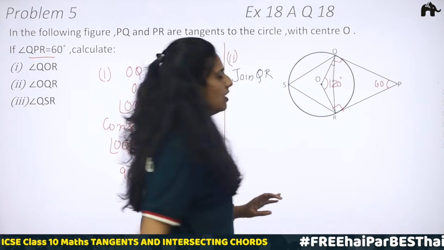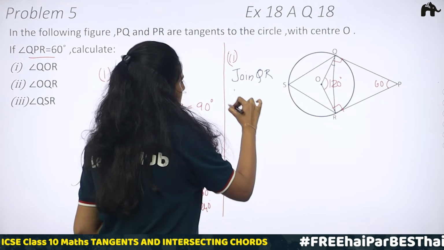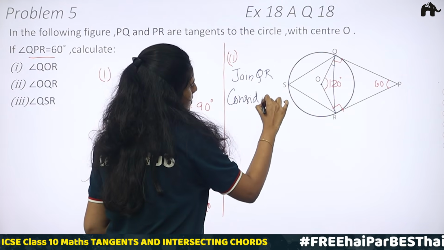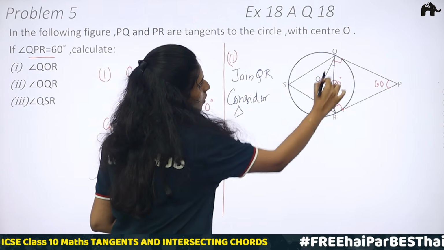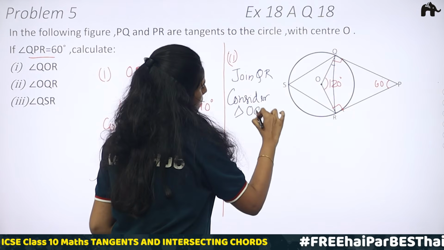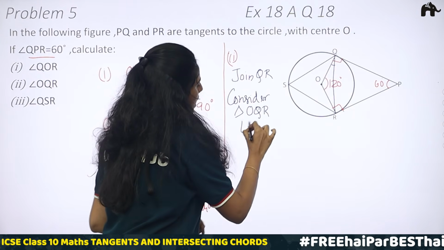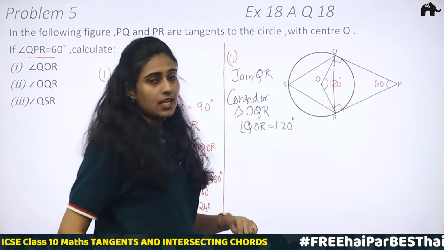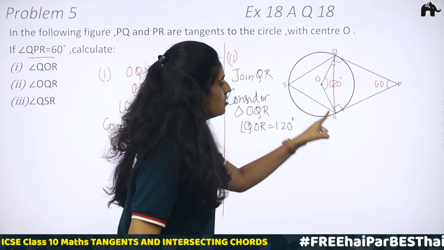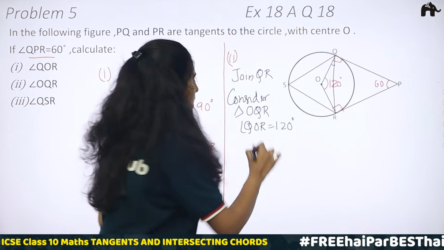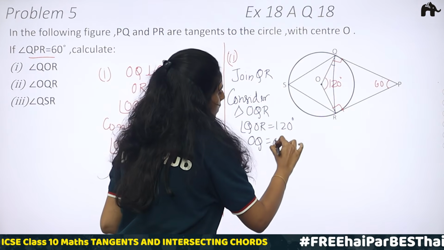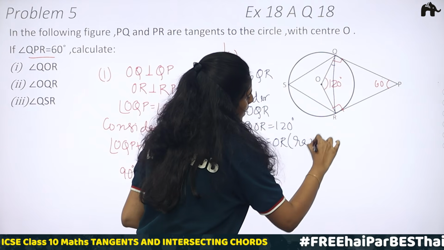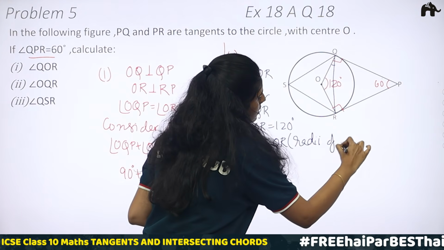This angle. How to find it? Now consider triangle OQR. We know angle QOR is equal to 120 degrees. Here OQ and OR are the radii of the circle. Therefore OQ will be equal to OR, radii of the circle.